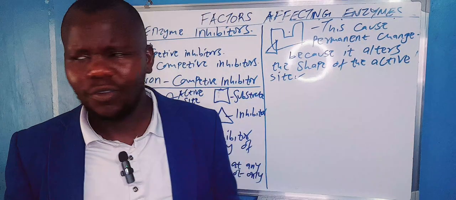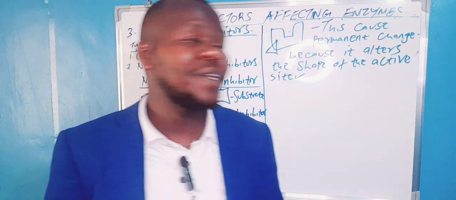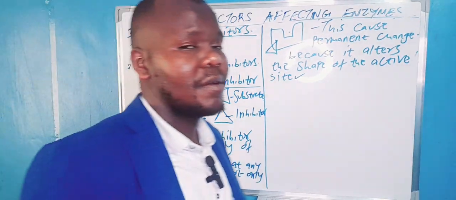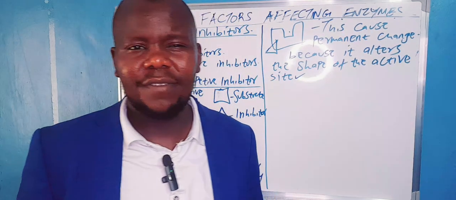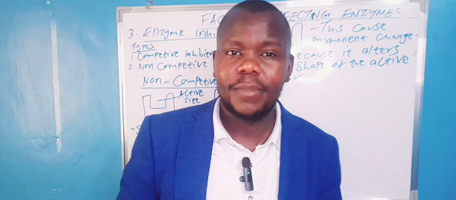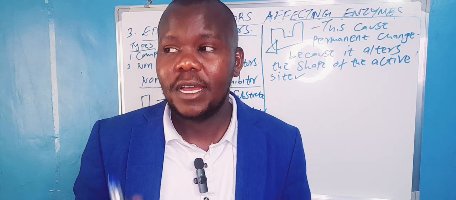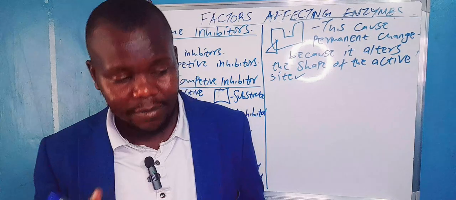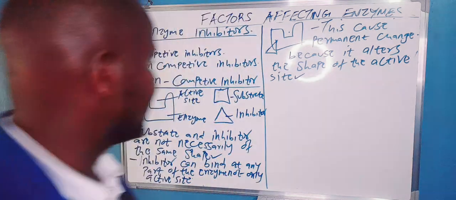Which one is an example of this non-competitive inhibitor? We are speaking here about the heavy metals like lead, mercury, those heavy metals, and that's why it's very dangerous if we consume them. It goes to our brain and it can alter brain functioning, especially in children.